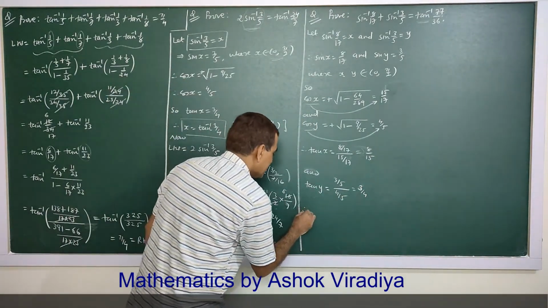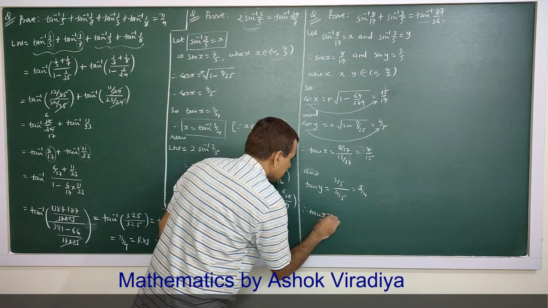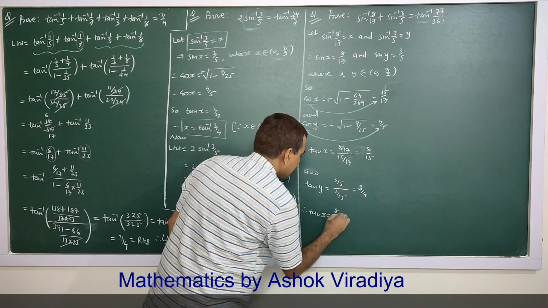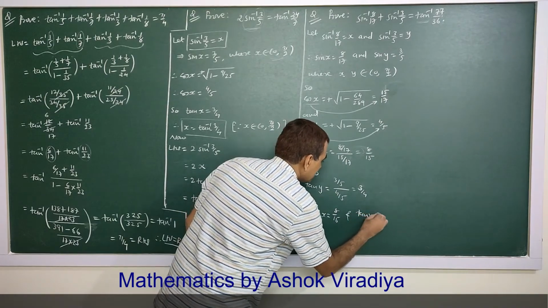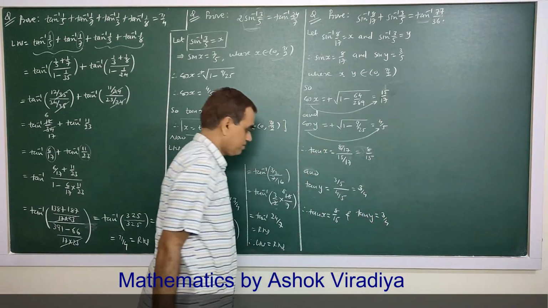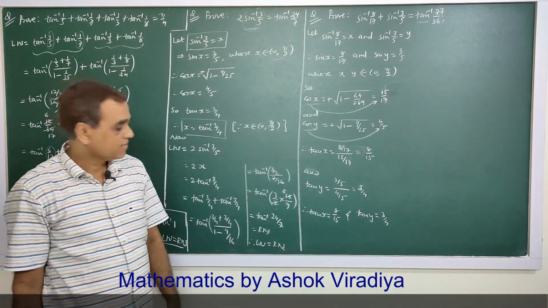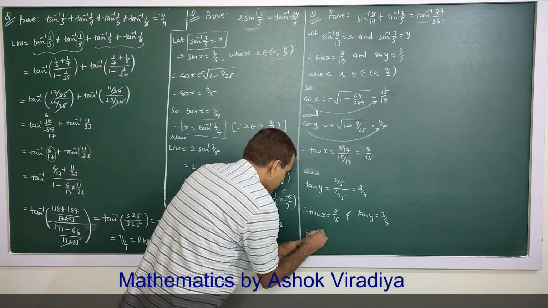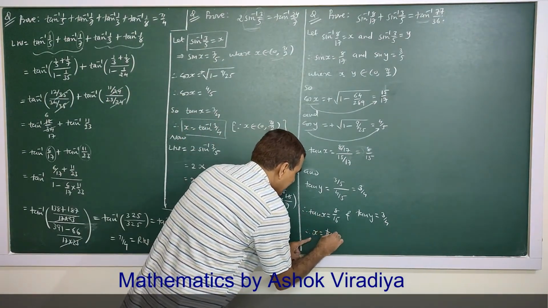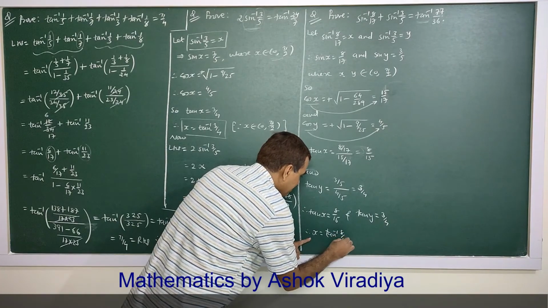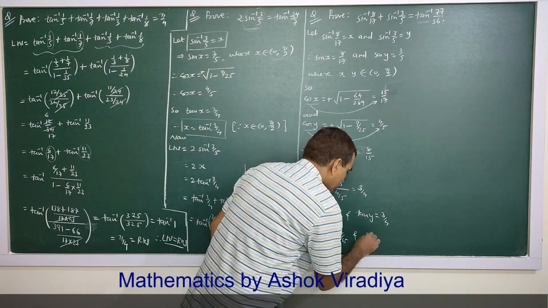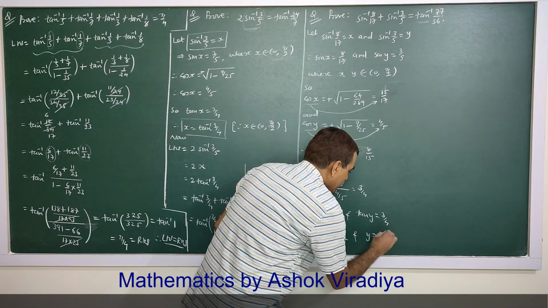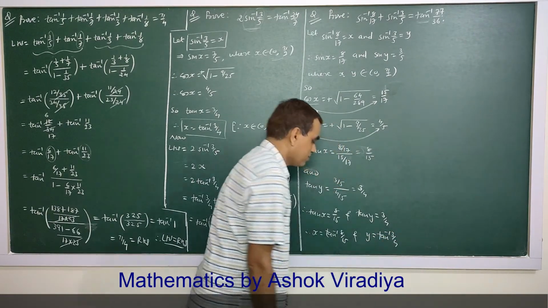So tan x is 8 by 15 and tan y is 3 by 4. So x equals tan inverse 8 by 15 and y equals tan inverse 3 by 4.